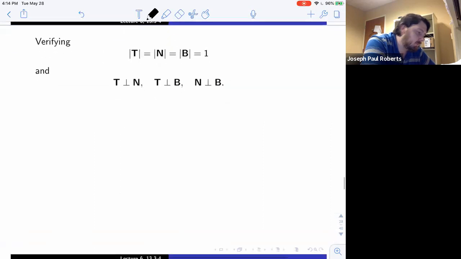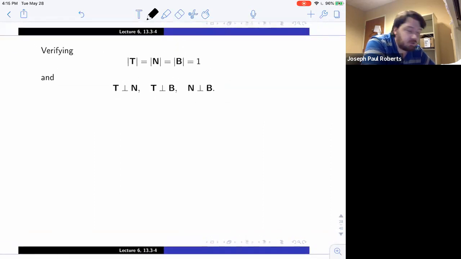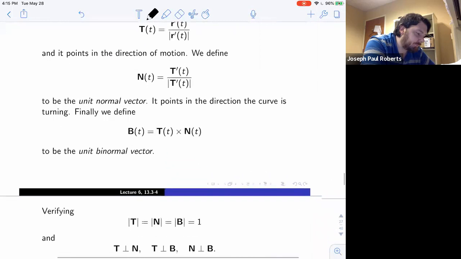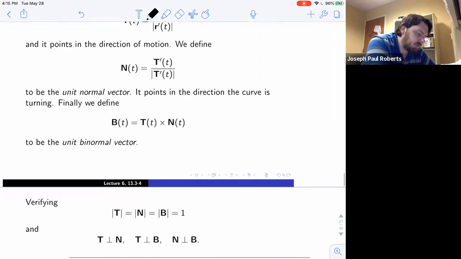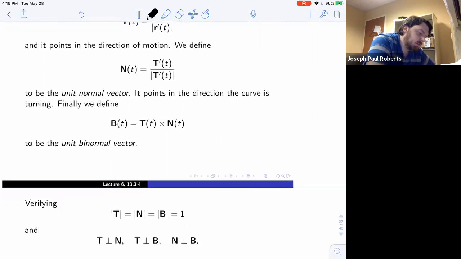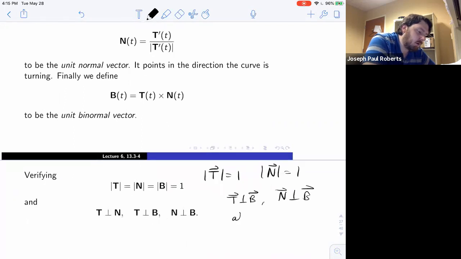So let's make sure that these do everything that we say they do. So there's three of these that are immediately obvious. So T having length 1 and N having length 1 is clear. And I guess also that T perpendicular to B, N perpendicular to B are all obvious from the definition.